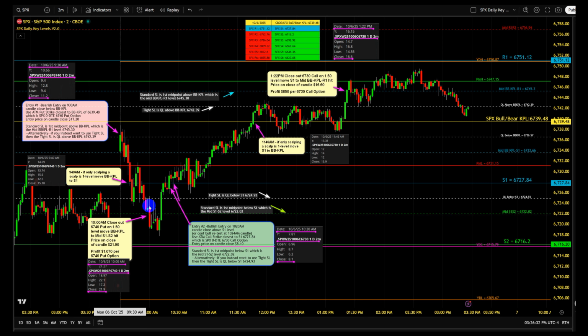Now, that's a minimum target, a 1.5 level move for closing out 100%. Everything below that, such as a 2 level move or beyond, would be additional options for you to consider. So at this 1.5 level move, your choices are A, you can close out 100%.